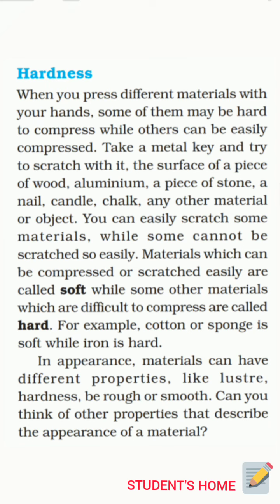You can easily scratch some materials while some cannot be scratched so easily. Materials which can be compressed or scratched easily are called soft, while materials which are difficult to compress are called hard. For example, cotton or sponge is soft while iron is hard.